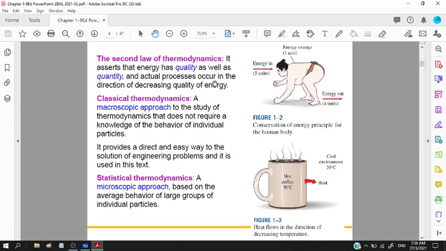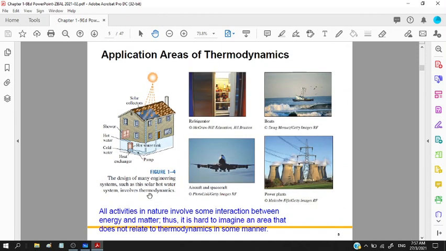In our case, we are looking at thermodynamics using the macroscopic approach, which is more suitable for mechanical engineers rather than the statistical thermodynamic approach, which uses the microscopic aspect of the chemical content or the chemical equation for the working fluid.